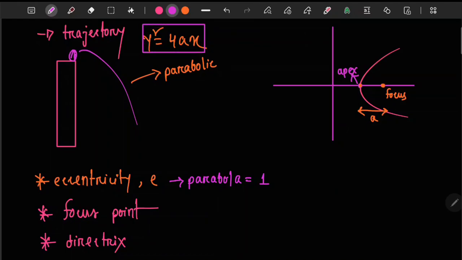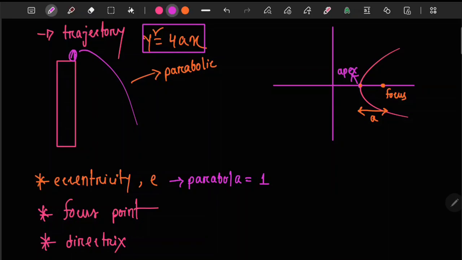What is the directrix? We have seen that from this apex, if we go A, like positive A, from the perspective of the apex, on the right side we get the focus point.